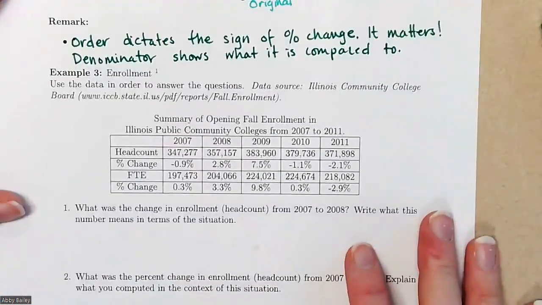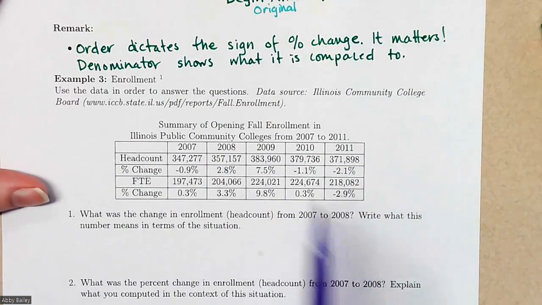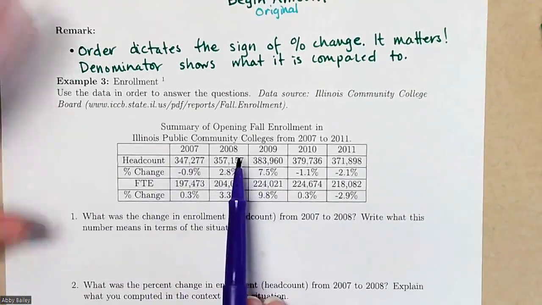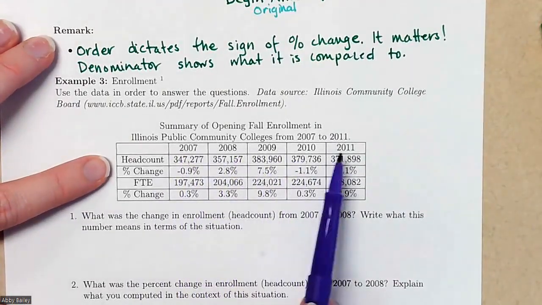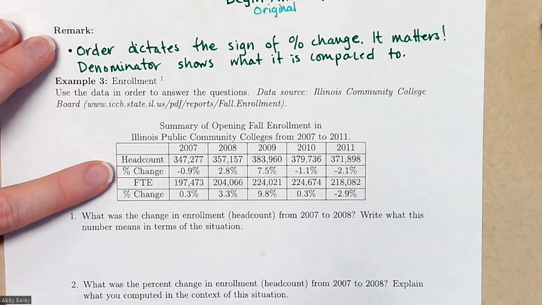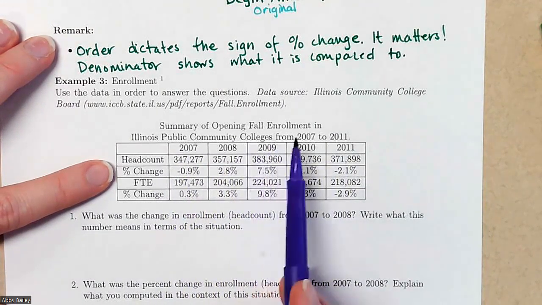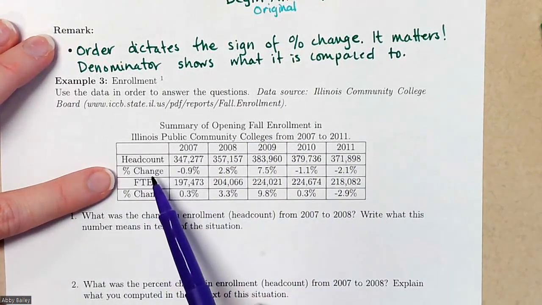All right, example 3, enrollment. Use the data in order to answer these questions. There's a data source here. So I'm looking at this. Let me just give a quick scan. I see through the years from 2007 to 2011, there's a raw head count of fall enrollment, and there's also a percent change.